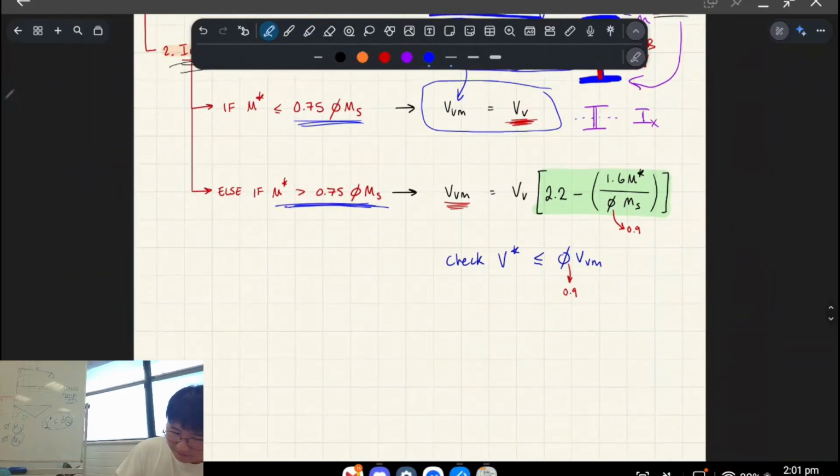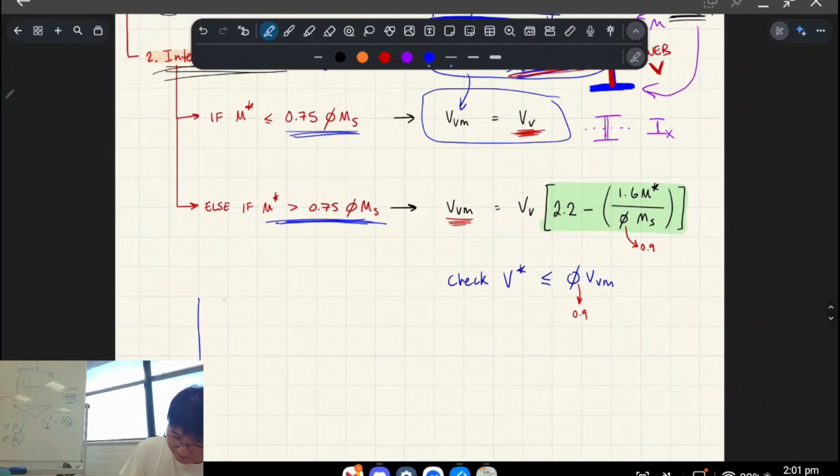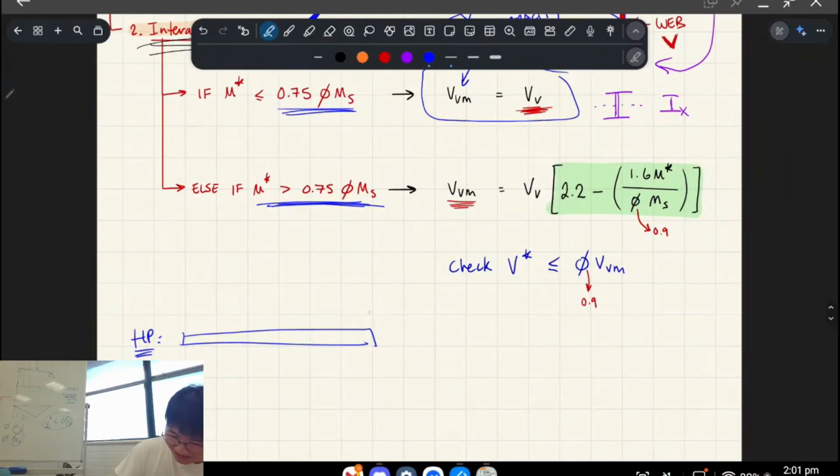So in the first scenario, if you imagine this is your HP bar, right? You're playing Clash of Clans or whatever, and your entire HP is phi Ms, okay, that's your capacity. And then M star is the damage, right?